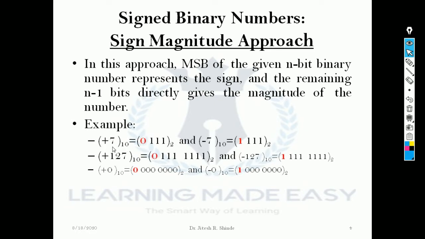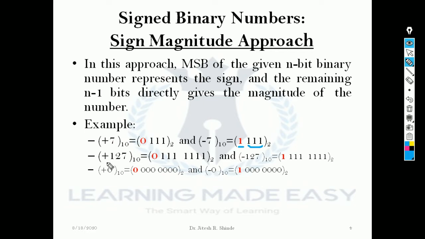In the plus 7 representation in signed binary format, since the number is positive, the MSB bit which indicates the sign is 0. The remaining bits represent the magnitude of the number using the knowledge of 4 2 1 code, so the answer is 0111. Minus 7: this is my sign bit, the number is negative, so 1 has been written here. The remaining 3 bits give the magnitude of the number.